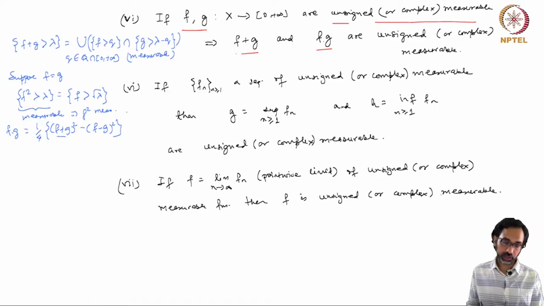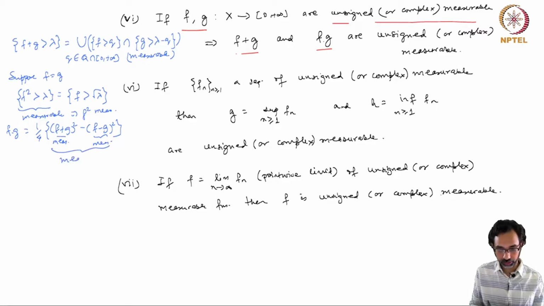Then you can take the square, and so the whole thing is measurable. Of course, multiplication by a scalar does not affect measurability either. So this is the sixth part, this is 7 and this is 8.